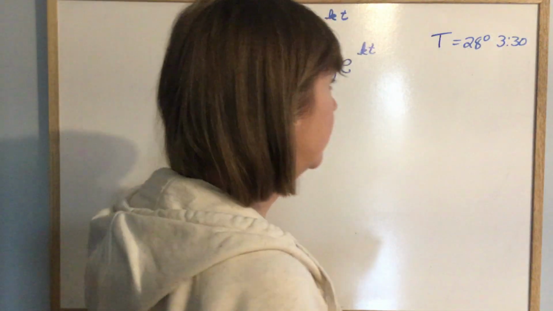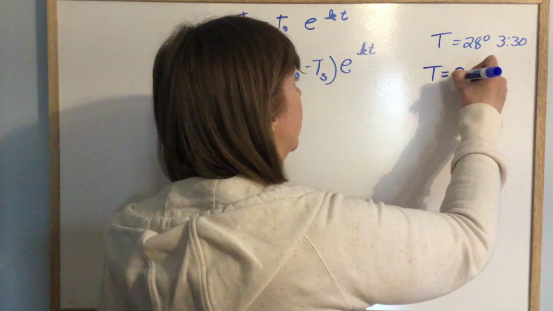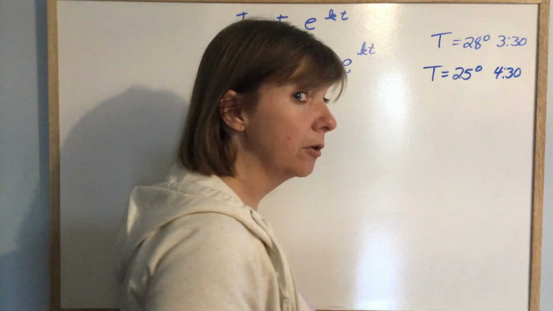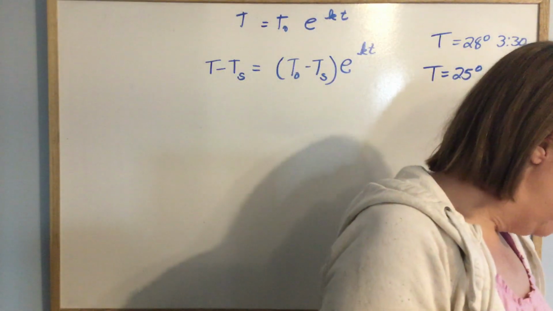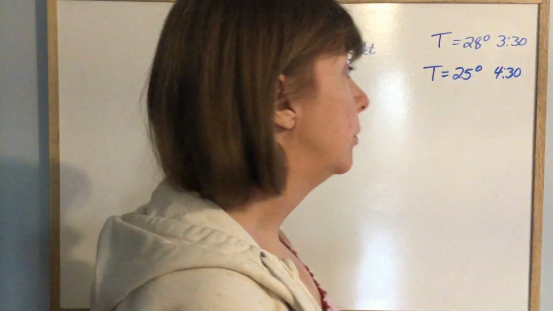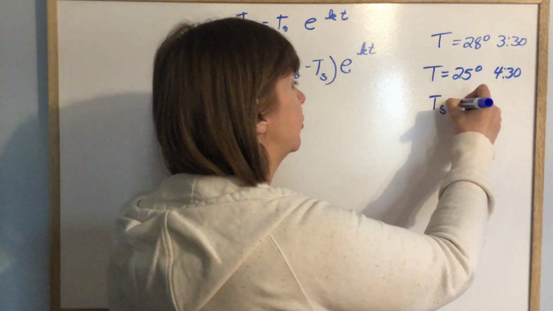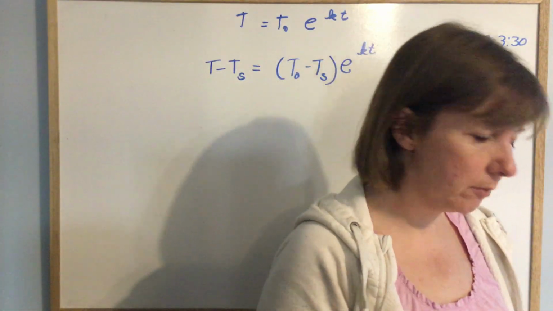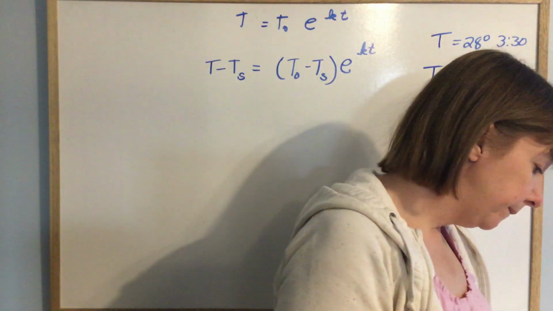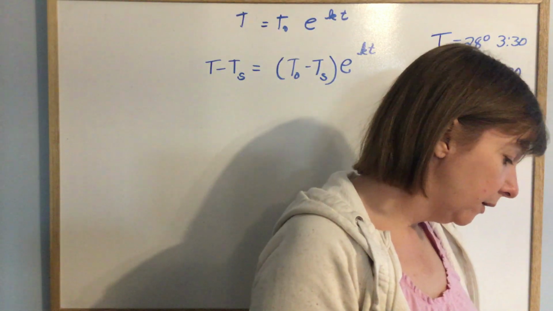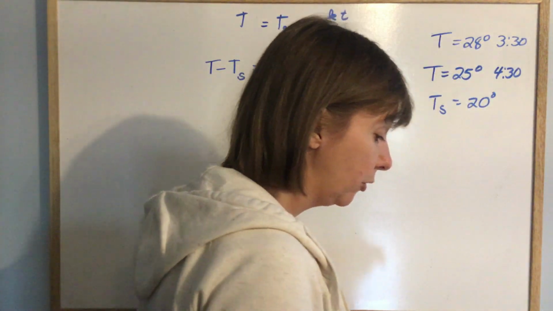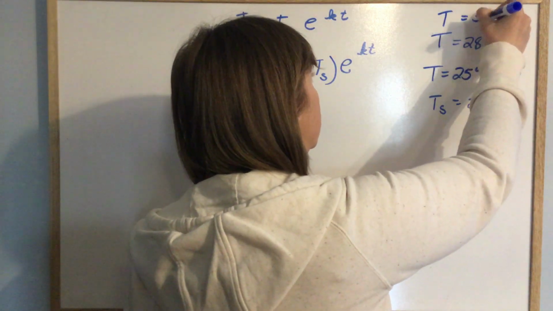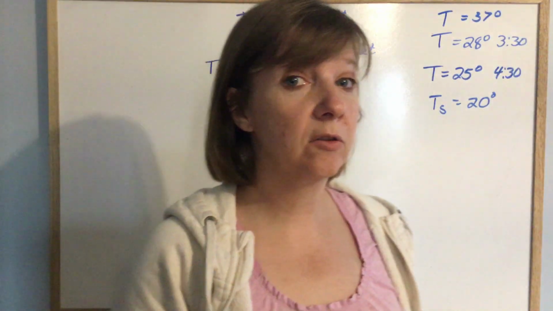By 4:30, the temperature has gone down to 25 degrees. The air temperature in the room, the surrounding temperature, is 20 degrees. So they probably found this in a house somewhere. Assume that the body temperature was 37 degrees when he was alive, because that's normal.